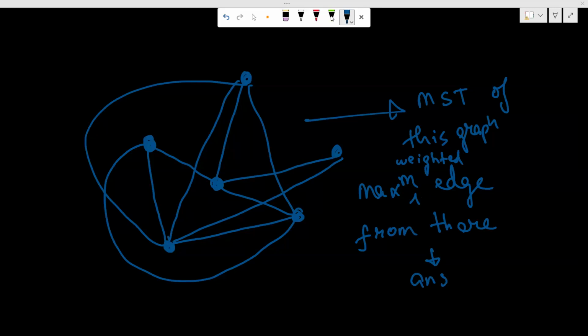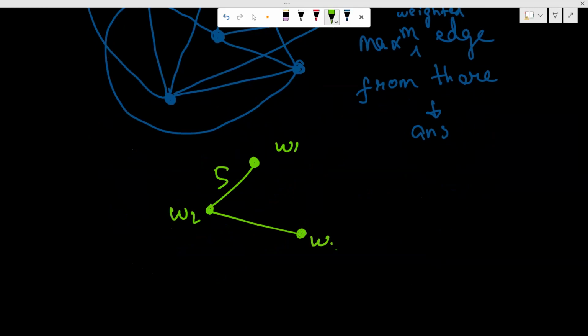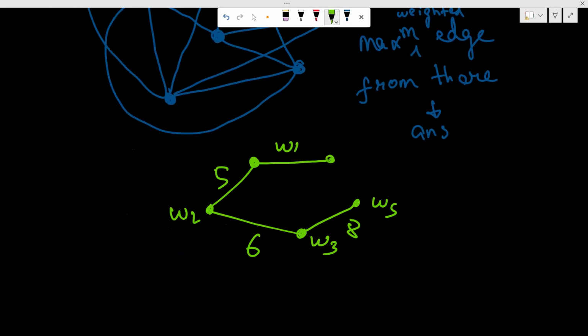Let's suppose after constructing the MST, I got something like this. From well 1, I got 5 to well 2. And from well 2 to well 3, let's suppose 6. And from well 3 to well 4, let's suppose I got 8. And from well 1 to well 6, let's suppose I got a time of 7. So this was the MST that I got.